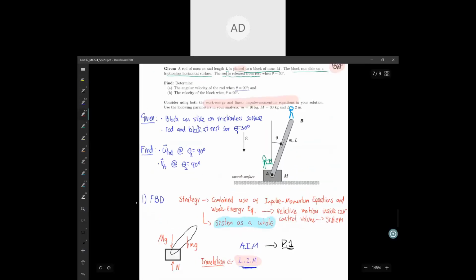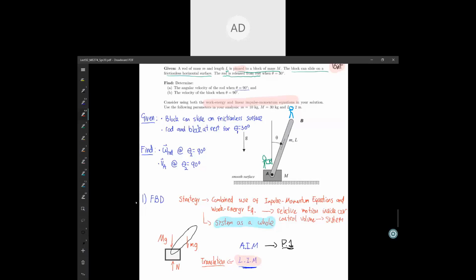So I'm not going to solve the problem, but I think it was much more interesting for me to explain to you guys why linear impulse momentum was a choice, and give you a physical interpretation of why we use it and when to recognize that we need to use it.